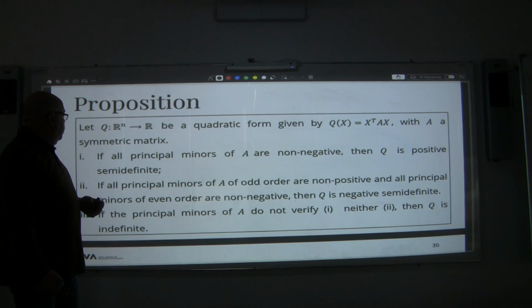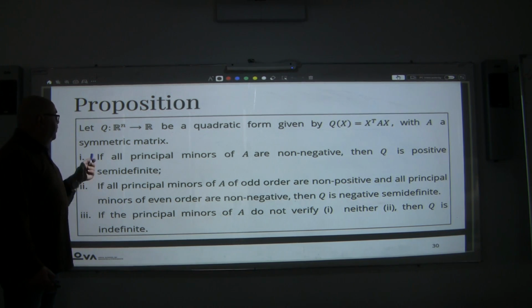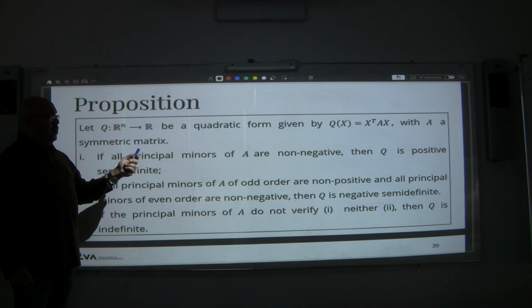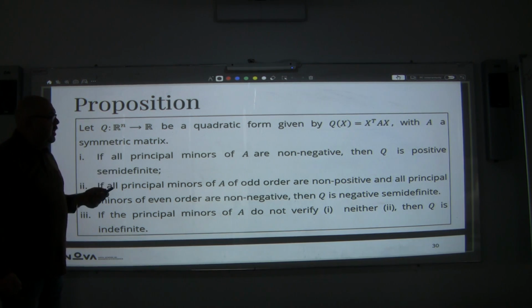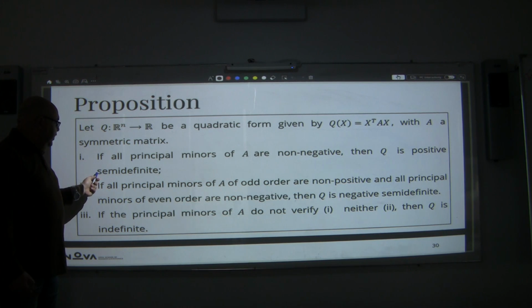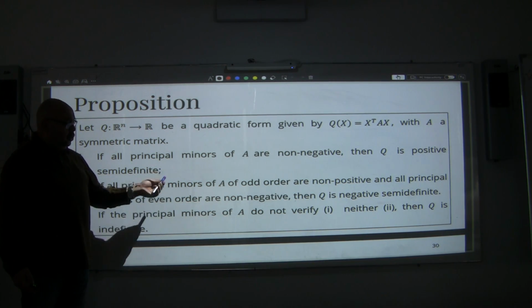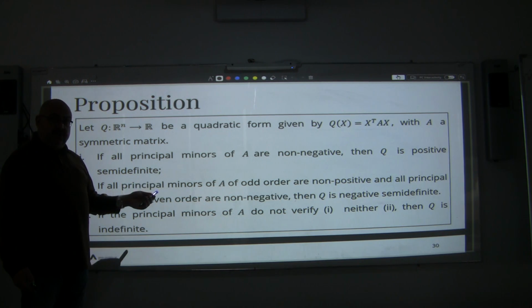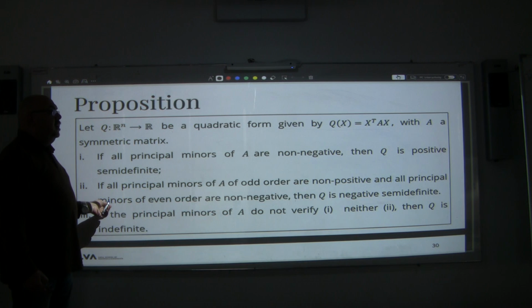So once more, all I have to do, and the case is like this: if all principal minors of A are non-negative, take once more, if all of them are non-negative, which means positive or zero, then Q is positive semi-definite. If all the principal minors of A of odd order are non-positive, so negative or zero, then you will be dealing with a negative semi-definite.